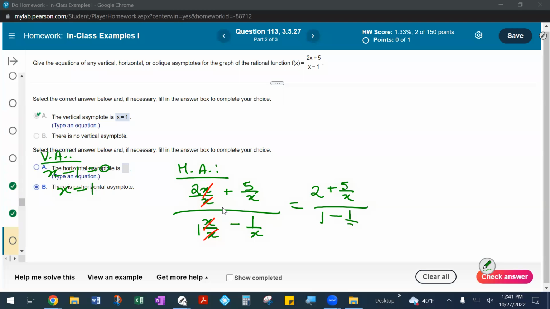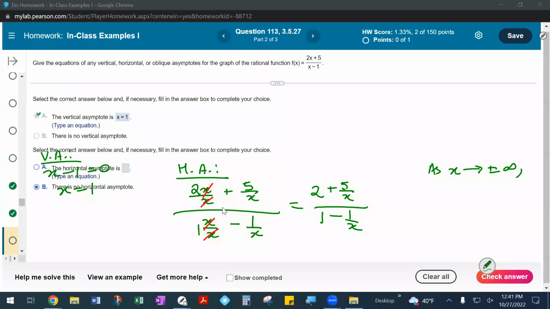So 1 minus 1 over x. So as x goes to infinity, what does our horizontal asymptote come out to be? Nope. Because this is the same degree, 0 will not be the horizontal asymptote. 2. Y equals 2. Yeah, very good.